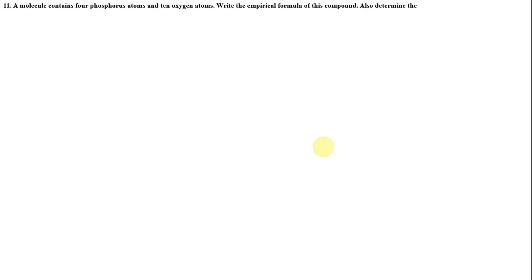Now question number 11. A molecule contains 4 phosphorus atoms and 10 oxygen atoms. Write the empirical formula of this compound. Also determine the molar mass of this molecule.